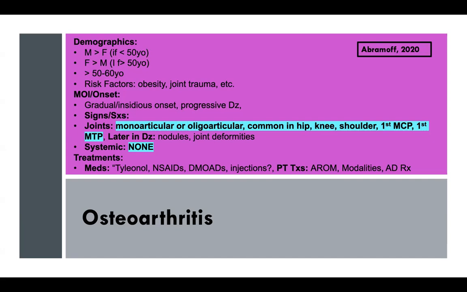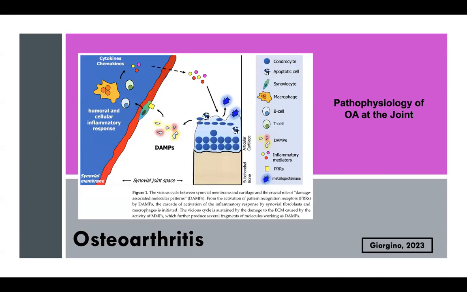Hyaluronic acid is sometimes mentioned, though there's some conflicting evidence on its efficacy. Physical therapy treatments that we're going to utilize for these patients, you're probably very familiar with. So usually we want to increase range of motion, increase strength around the joint. Modalities could be used for pain control and possible prescription of assistive devices.